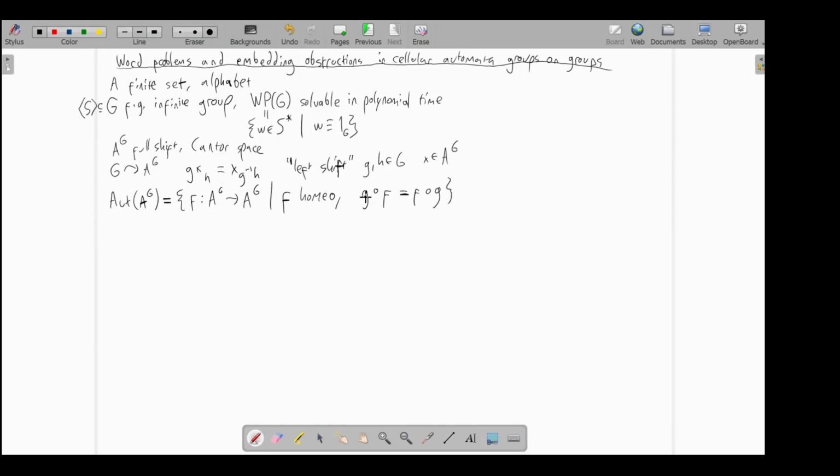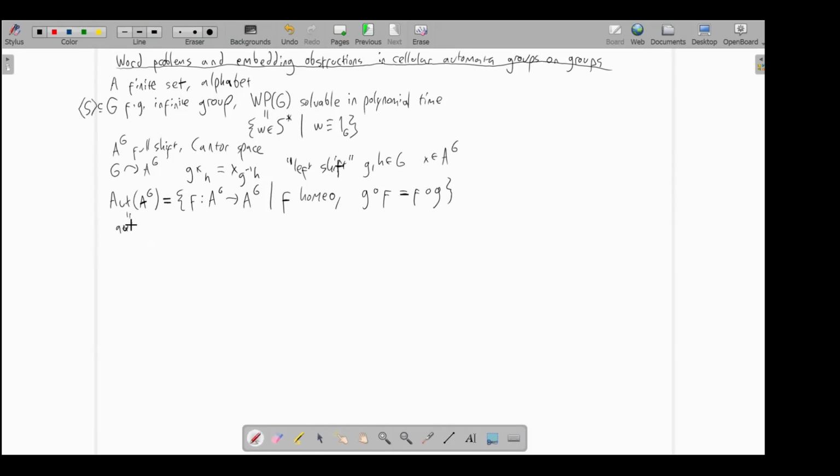So I just identify the group element G with the left shift by G. Sometimes people write sigma G for this action, but I am too lazy to keep writing that, so I just say G, and if it's uppercase G, then you know that it's a shift map. Okay, and so this is called the automorphism group.